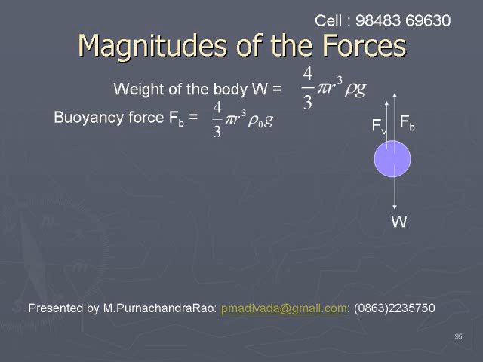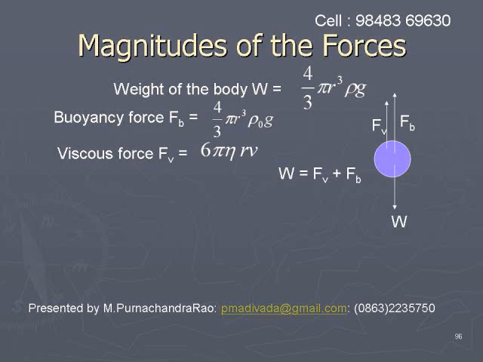And the buoyancy force is 4 by 3 pi r cube rho 0 g. And the viscous force is 6 pi eta r v.